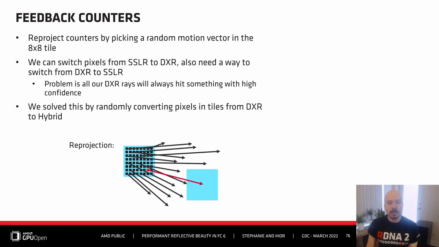And so the way this is actually done is that randomly, pixels that are DXR only will sometimes become hybrid. And then we'll confirm whether or not we need the DXR ray to find an intersection, or if an SSLR ray is high confidence enough to skip the DXR traversal completely.